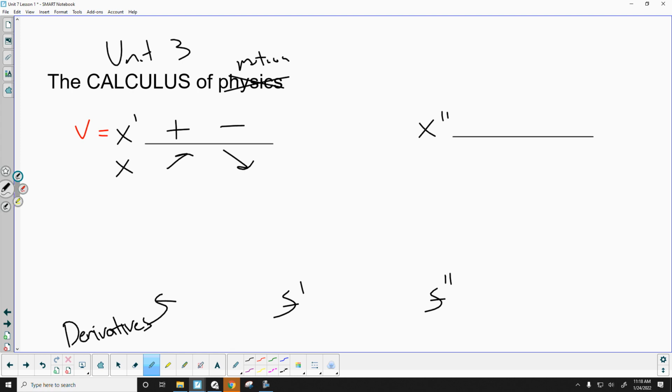But now I'm going to go back to thinking about my dude, and I'm going to translate this a little differently. If x prime is positive, if the position is increasing, what's the dude doing? Yeah, very good. Now I say, oh, I'm going to the right on the x-axis. If x prime is negative, if my velocity is negative, if my position is decreasing, I'm going left.